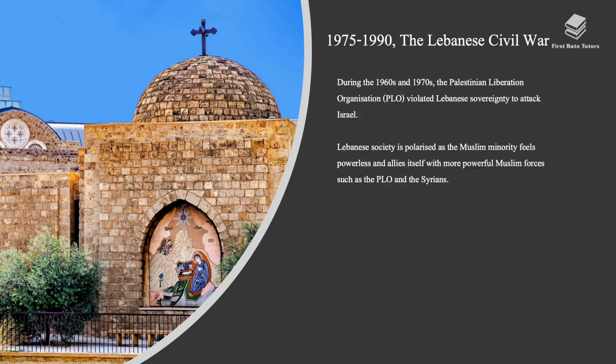During the 60s and 70s, the Palestine Liberation Organization violated Lebanese sovereignty to attack Israel. Lebanese society is polarized as the Muslim minority feels powerless and allies itself with more powerful Muslim forces such as the PLO and the Syrians.